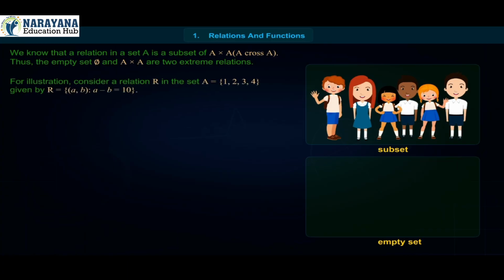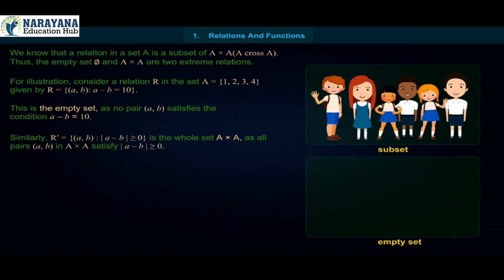For illustration, consider a relation R in the set A = {1, 2, 3, 4} given by R = {(a, b): a − b = 10}. This is the empty set, as no pair (a, b) satisfies the condition a − b = 10.